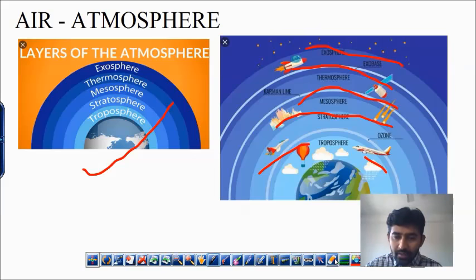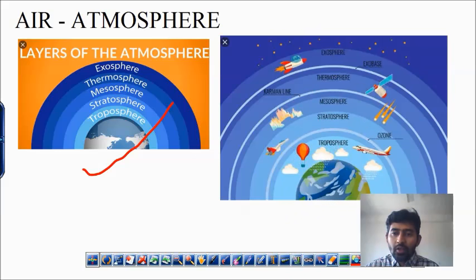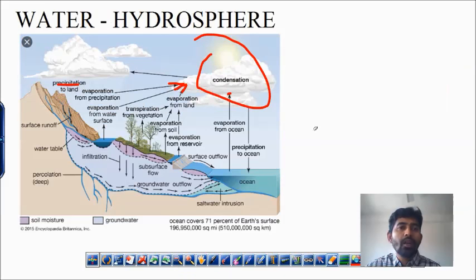And you can see in this diagram where the hot air balloon and aeroplane go, where is the ozone layer, where is the northern lights, which is beautiful lights visible in northern hemisphere of the planet, meteors, satellites, spaceship, etc. So that is air or our atmosphere.